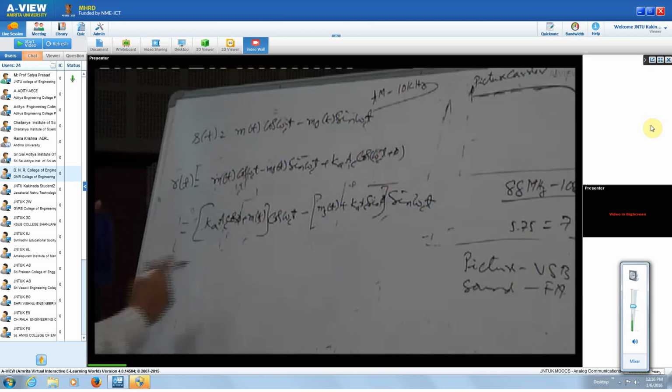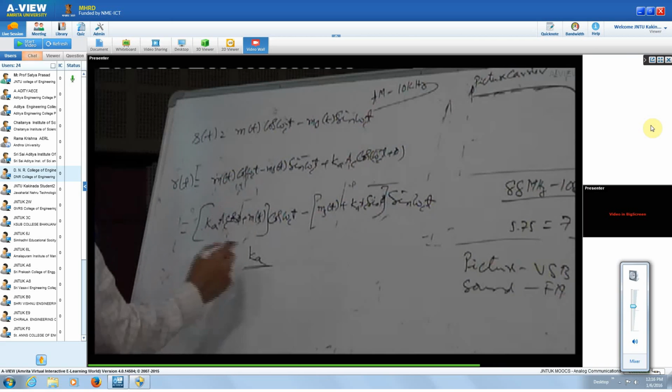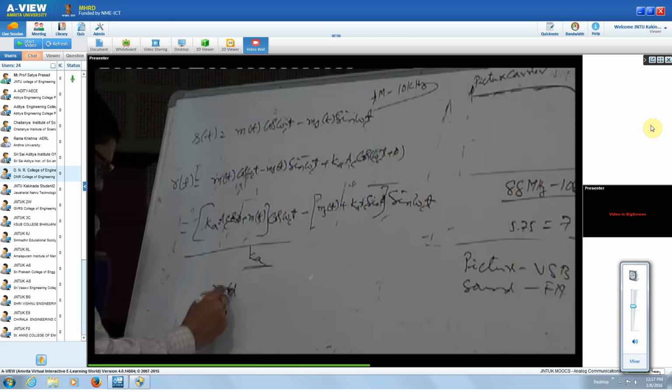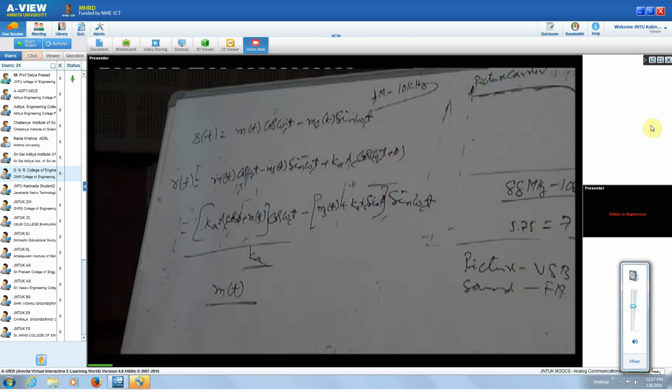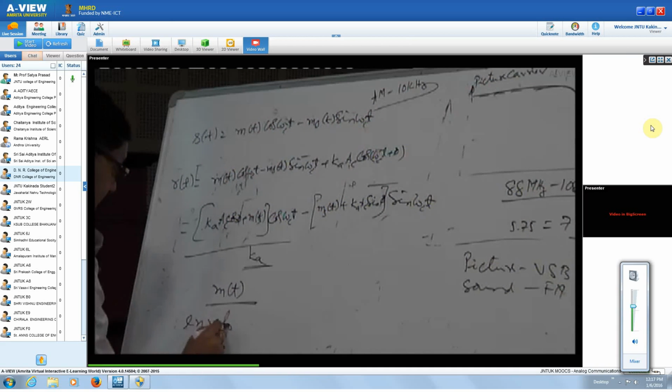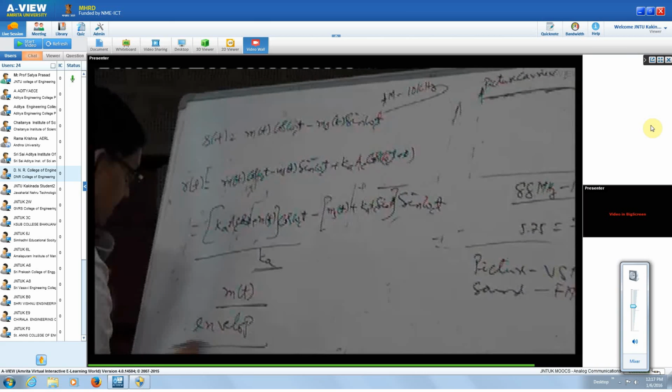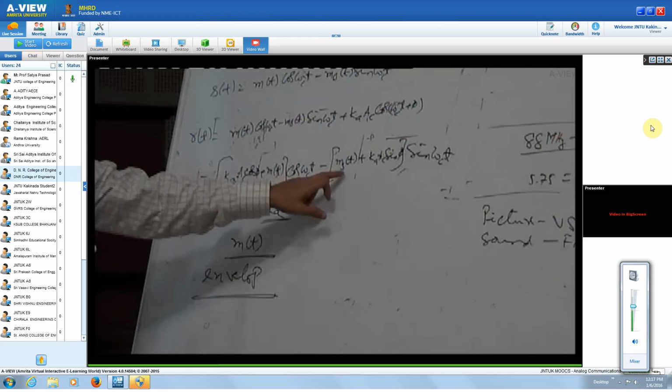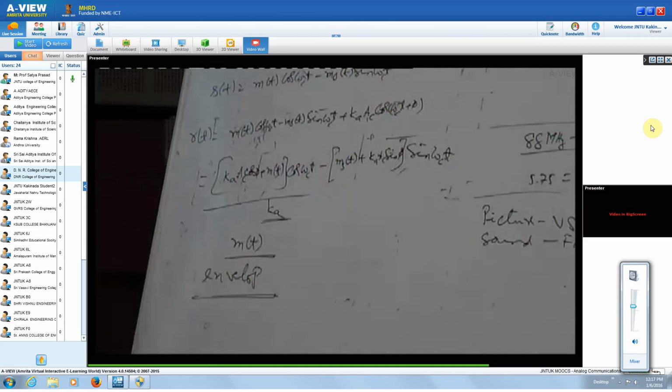Therefore, when ka, the modulation sensitivity or percentage modulation, is larger, then you will get only the required baseband signal as the envelope detection output. The same derivation that we have done in the case of SSB, instead of m hat of t, we have ms of t.